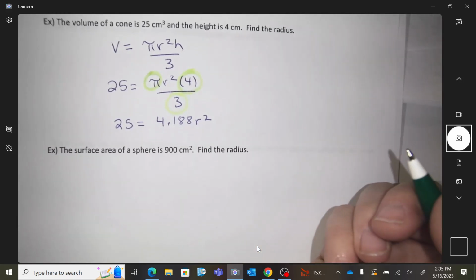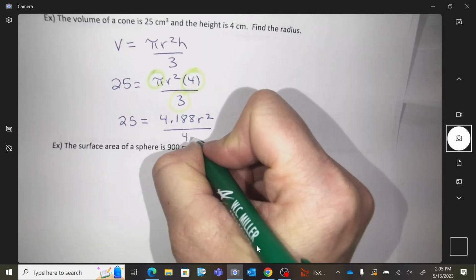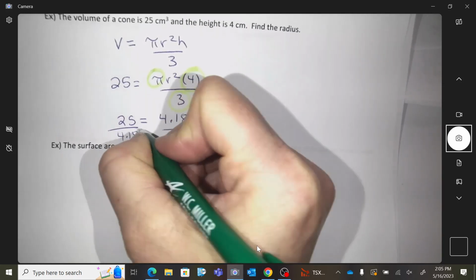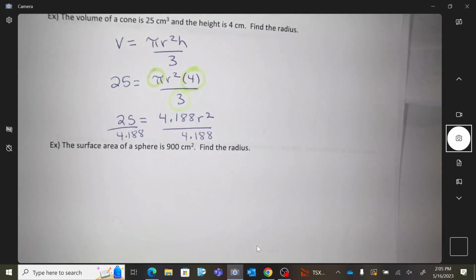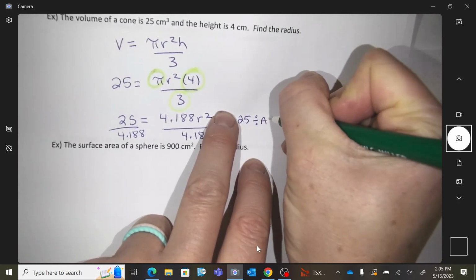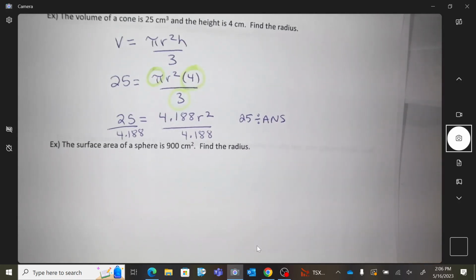Okay, algebra, I'm going to divide by 4.188, divide. But I'm going to use my answer button. I'm going to be typing 25 divided by answer. I'm going to be doing that in my calculator.